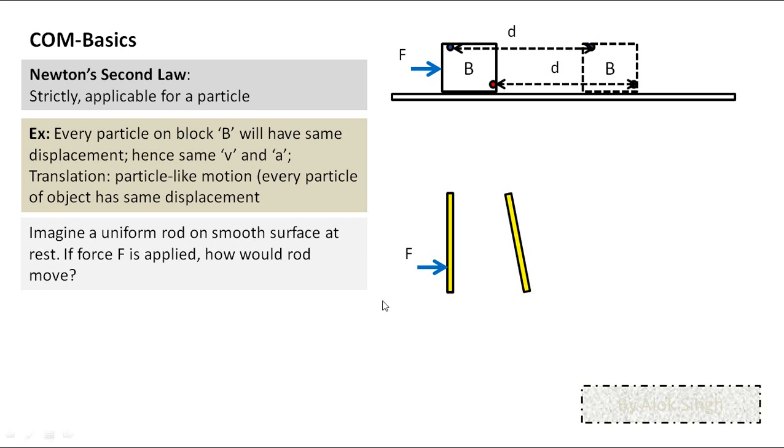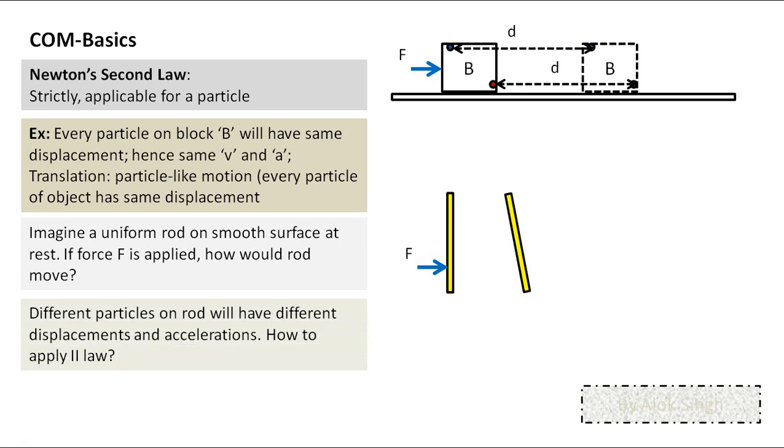What we notice is that the rod which was vertical has changed its orientation, and different particles on the rod have different displacement. On the top, lesser magnitude of displacement; at the bottom, greater magnitude of displacement. So though the object is one, different particles have different acceleration, whereas Newton's law gives one unique value of acceleration. So the question is, how do you apply Newton's law of motion?